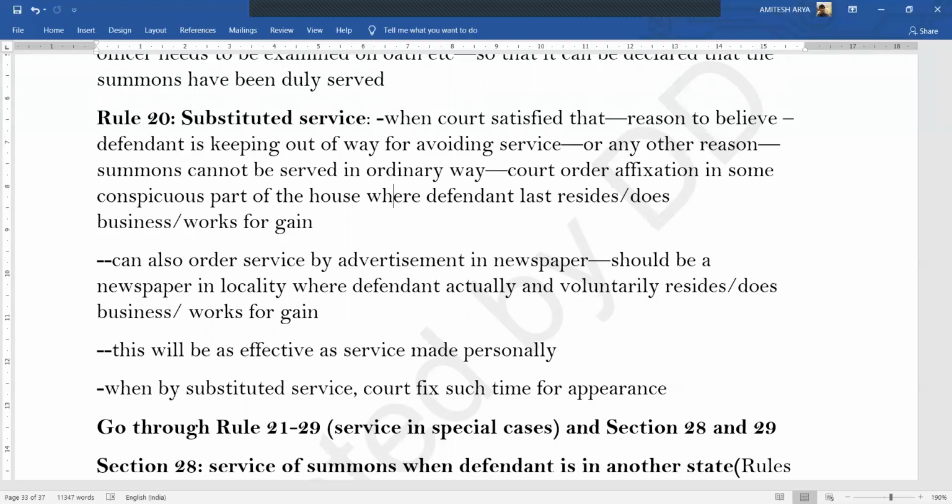And here, whenever such service is done, a time for appearance will also be fixed.